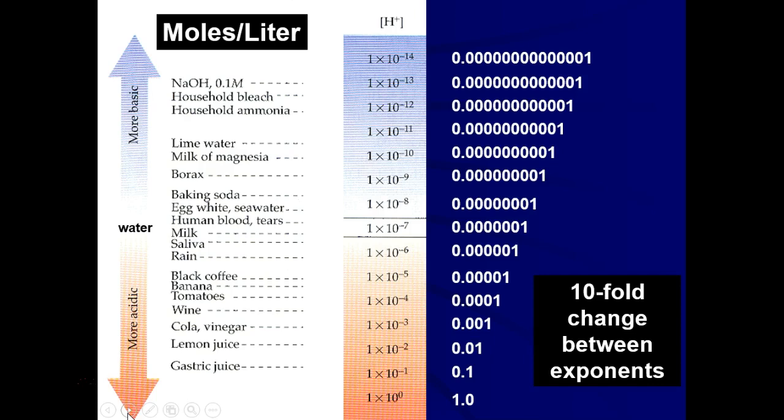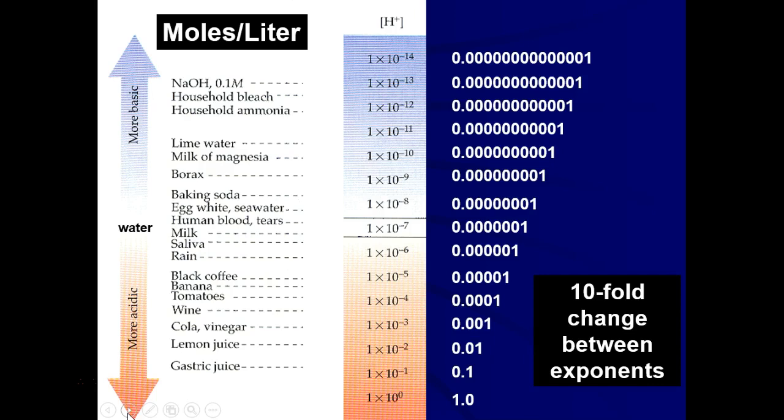Right? Now, if we go the other way, toward the base side, you can see that we use the same thing. For example, let's say we look at seawater. Seawater has a hydrogen ion concentration that's less than water, and we'll assume that it has 10 to the minus 8. Now 10 to the minus 8 versus 10 to the minus 7, that's a whole decimal place.